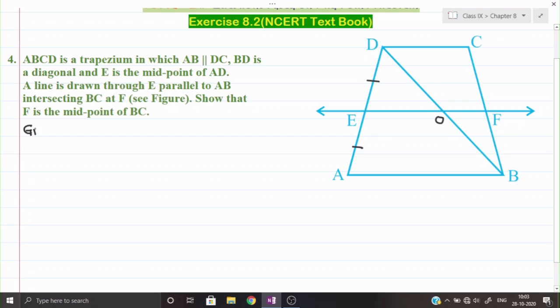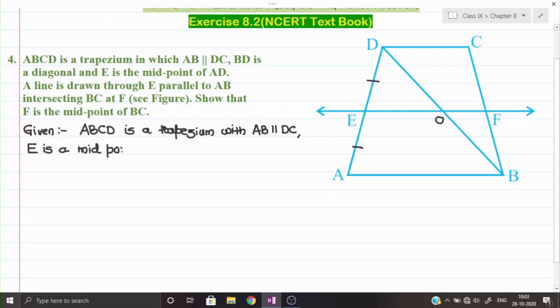In the given, we first mention ABCD is a trapezium with AB parallel to DC. Second, E is the midpoint of AD.